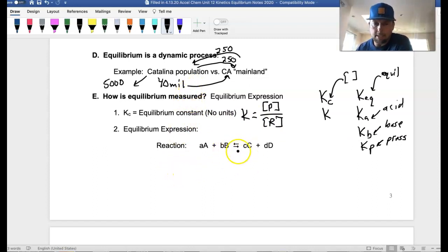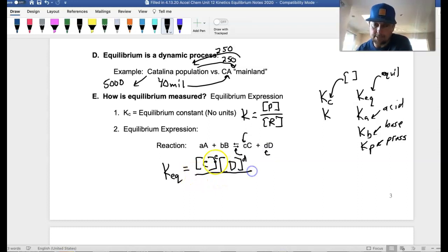And if we have an equilibrium, arrows like this, it tells us that we're going to take our product C, whatever its concentration is, we're going to raise it to the power of its coefficient. So we'll do a little c up here. And then we multiply that by the concentration of D and raise it to the power of its coefficient.